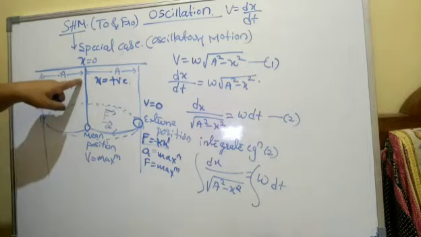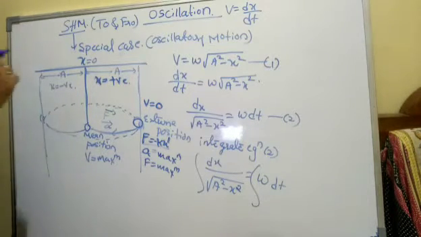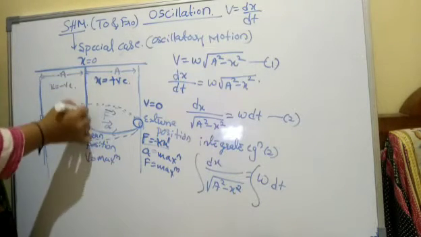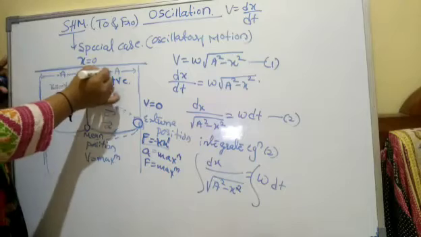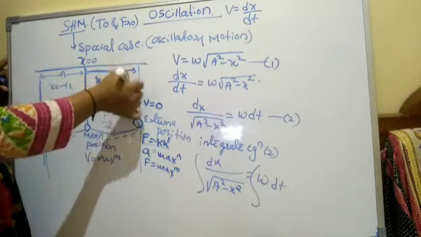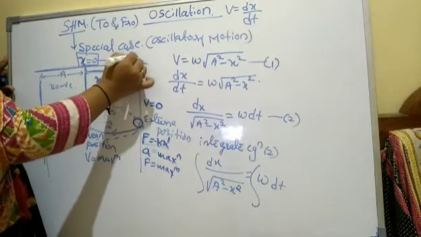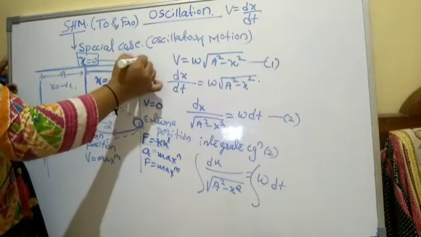Now we'll understand the next form. The body, or else you can take a particle, is at the mean position. It shows displacement toward the positive extreme position. Here x will be 0 and moving towards the extreme position, x will be a.